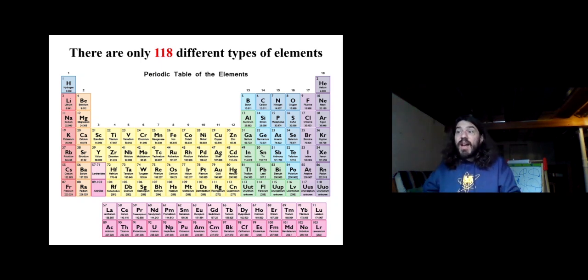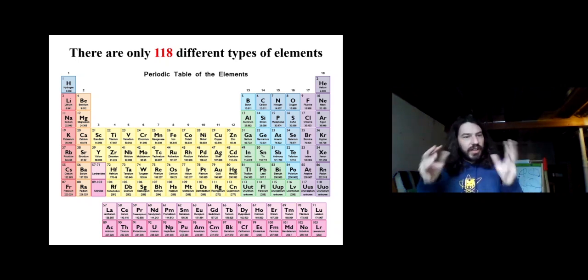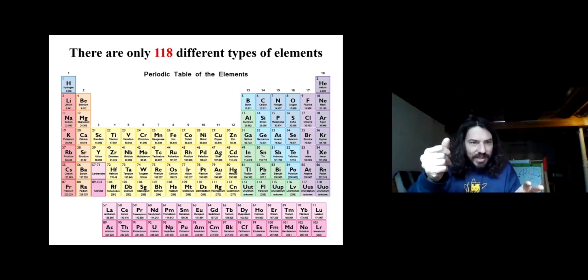So the heaviest naturally occurring element is uranium, right here. And we can make, in the lab, heavier elements. Neptunium, plutonium, etc. But you know what? They're very unstable. And though we can create them in the lab, they don't even last that long.